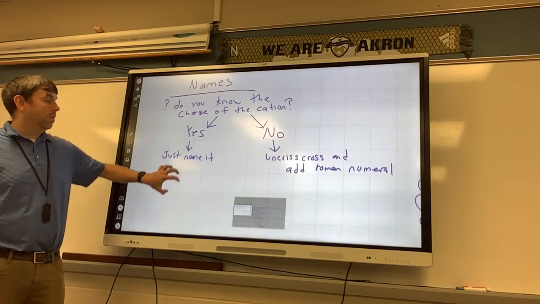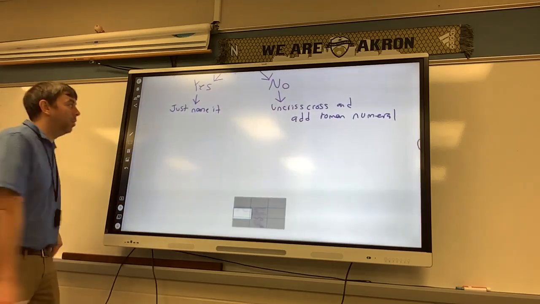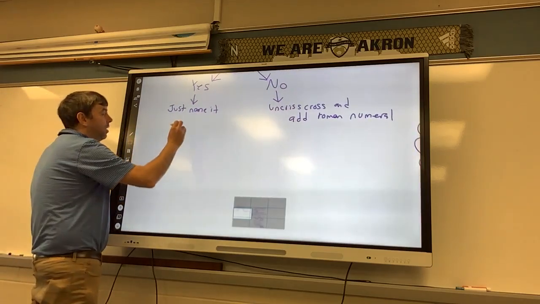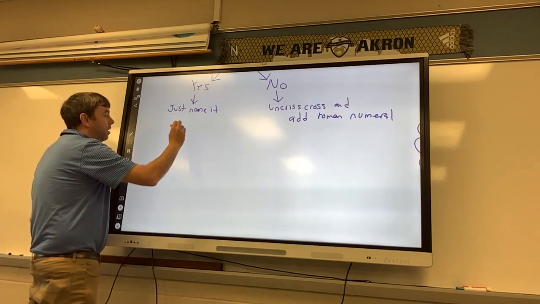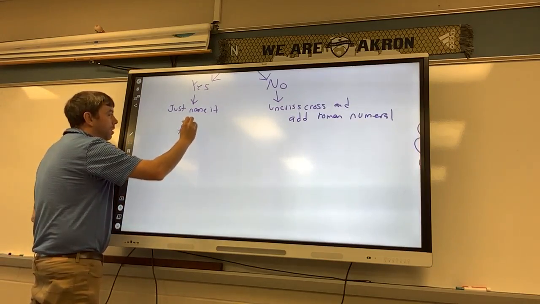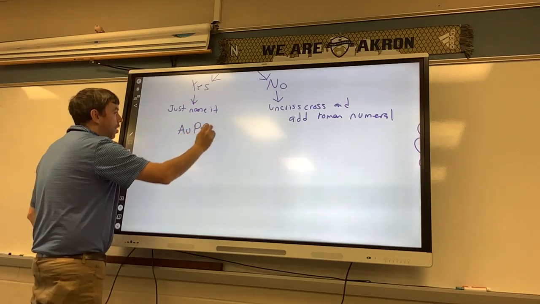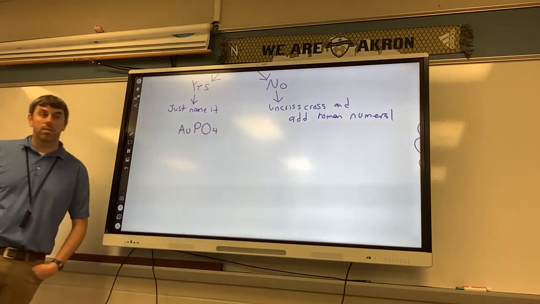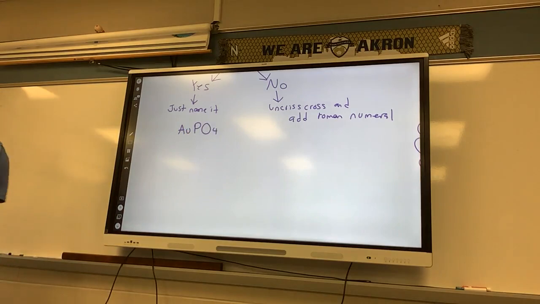Here we go, an example. If we had something like AuPO4, and I said write the name of this. Ask yourself, do you know the charge of gold? No, which means I have to uncrisscross.